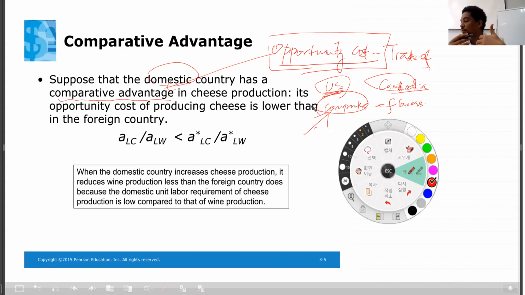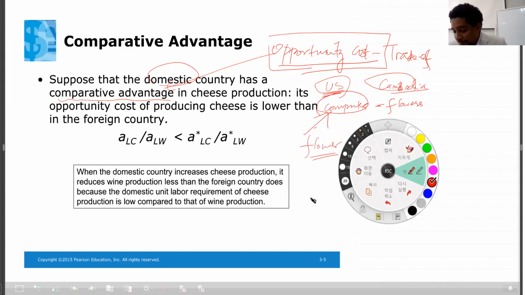But if they want to produce flowers, they have to decrease the production of computers because they have to invest now in flowers, right? So we are thinking of two products only at the same time. So take that into consideration.